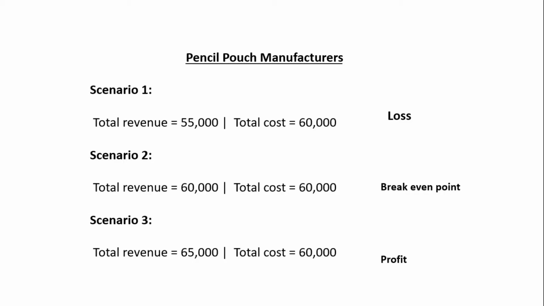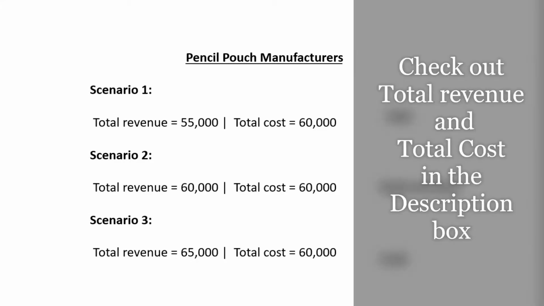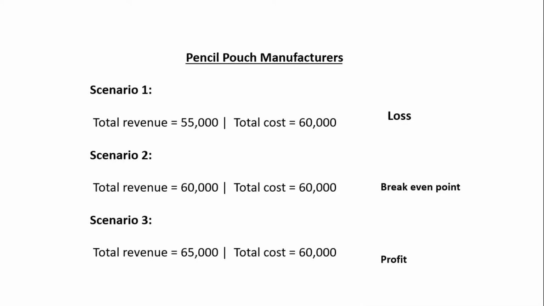This is the data of a small company called Pencil Pouch Manufacturers, and in scenario 1, their total revenue is 55,000 and the total cost 60,000. So the revenue is lesser than the total cost. Cost is higher, so they suffer a loss. In scenario 2, their total revenue is 60,000 and their total cost is also 60,000.